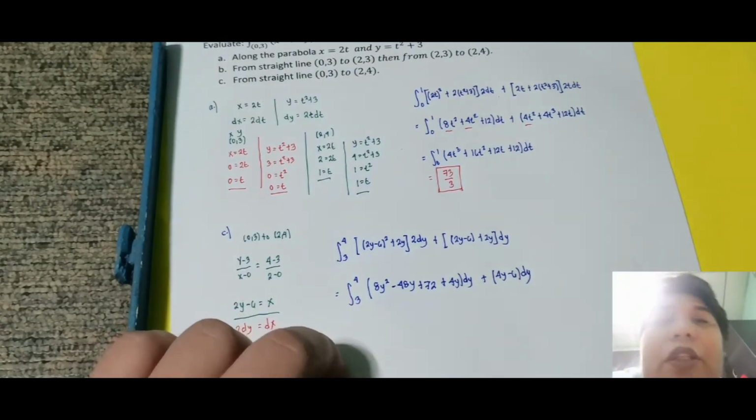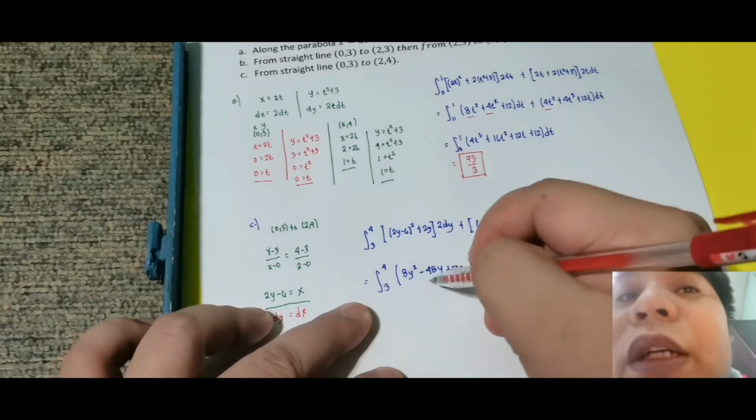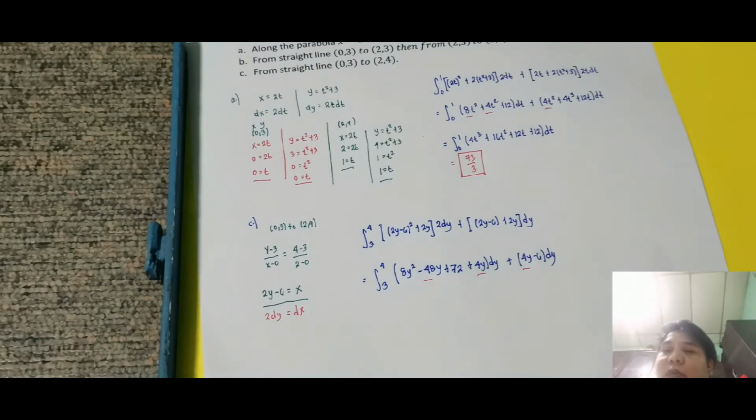Okay, then hanapin natin like terms. So factor out lang din yung dy. Ito unique na, so ito yung mga i-add. Okay, hoping na tama yung sagot natin afterwards.